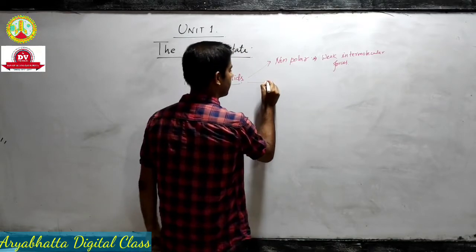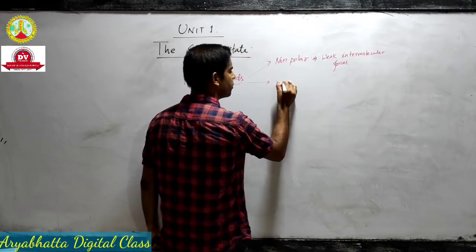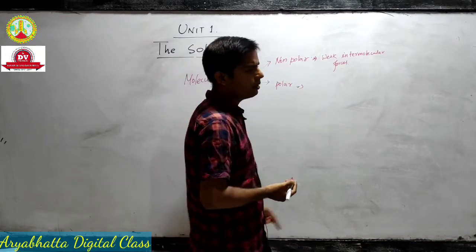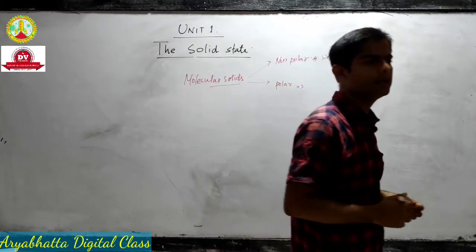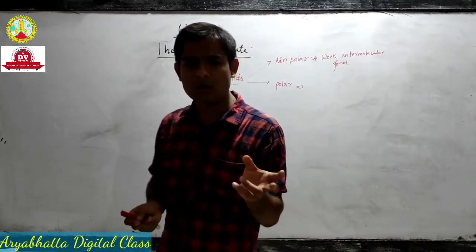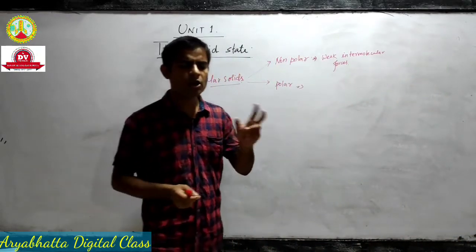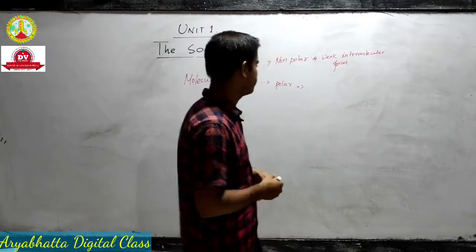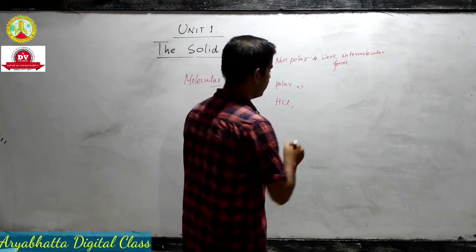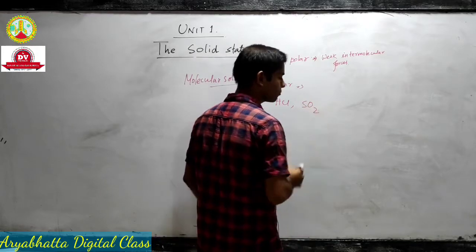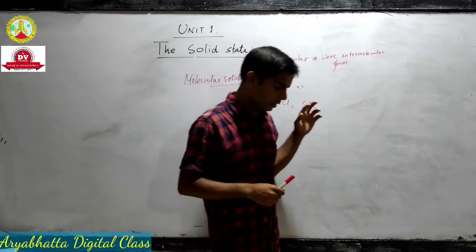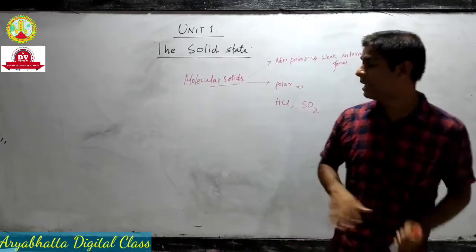Now another one is polar molecular solid. Obviously a polar molecular solid is a solid which has polar molecules in it, like HCl, SO2.